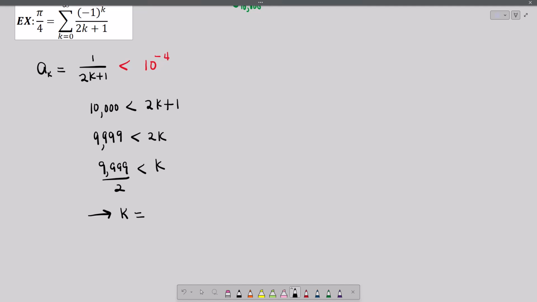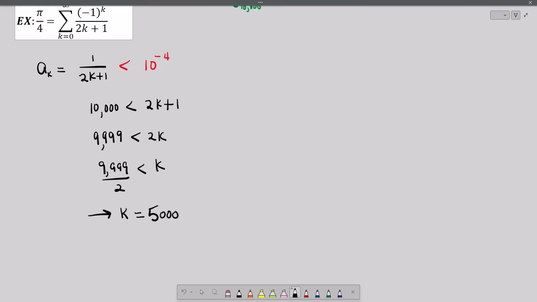So is it going to be 5,000, 4,999, or 5,001? Type it in your calculator and look at the number. 5,000, exactly.